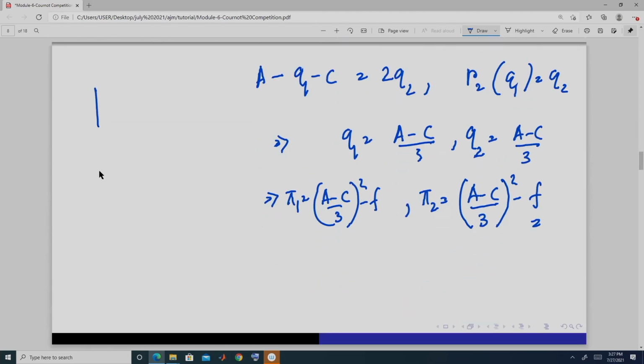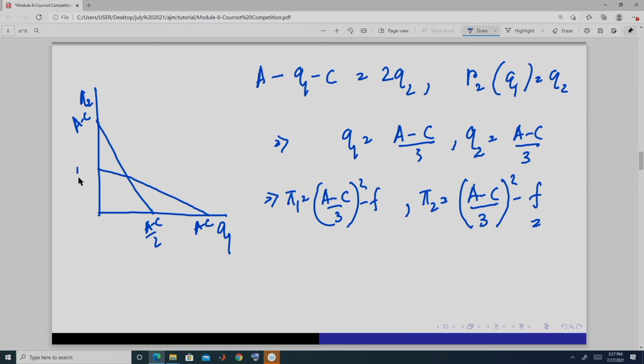Now, if we look at the reaction functions, this is the point, right.